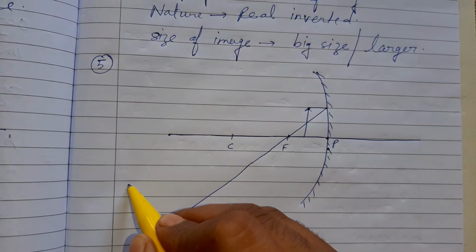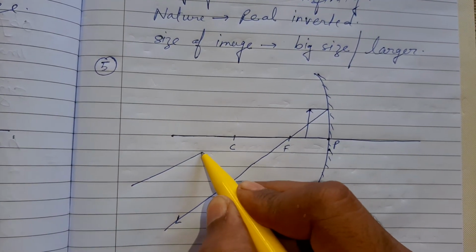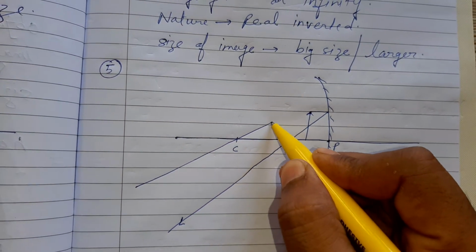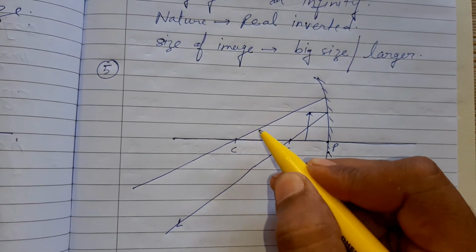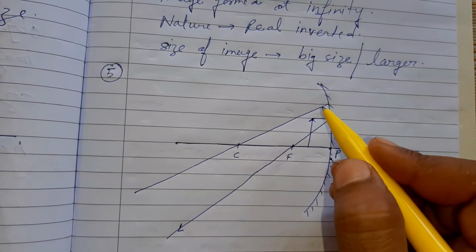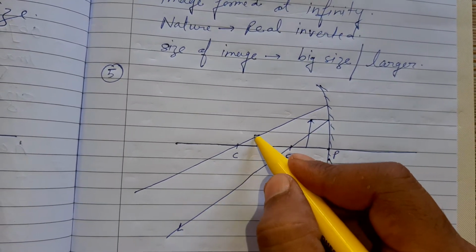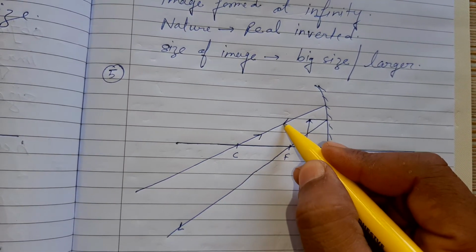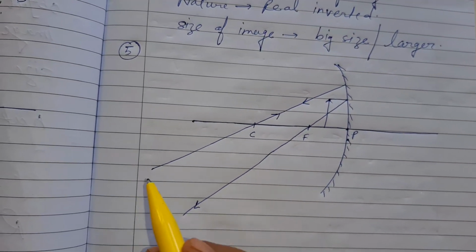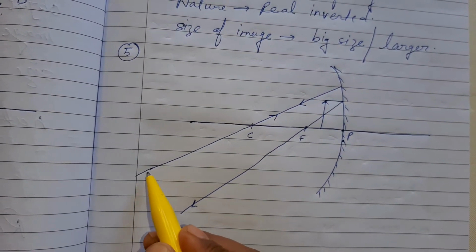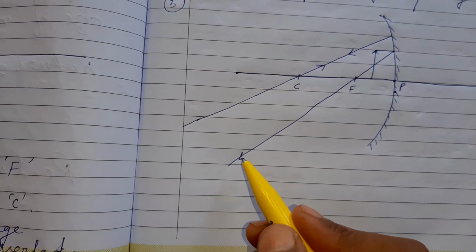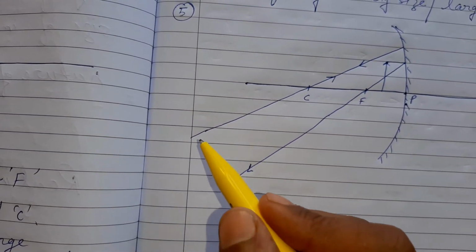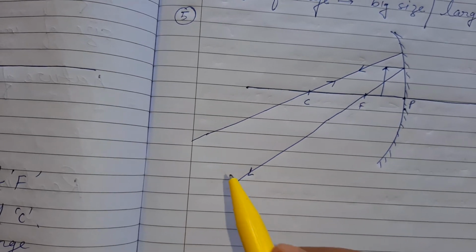And the second ray, rule number three: when the ray of light goes from the center of curvature, it comes back in the same direction. This ray of light goes this direction, and this ray goes this direction, so they will never meet.